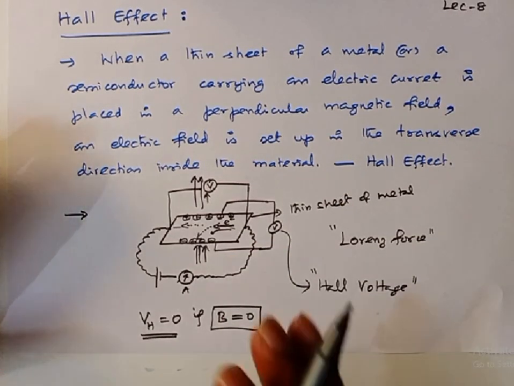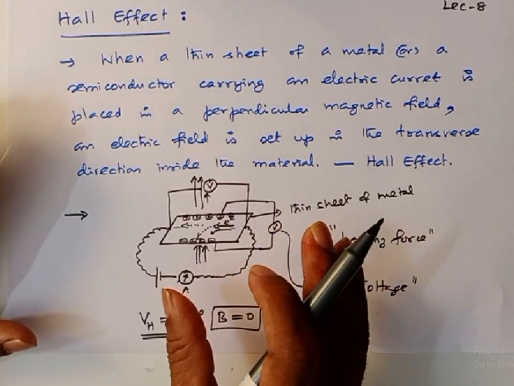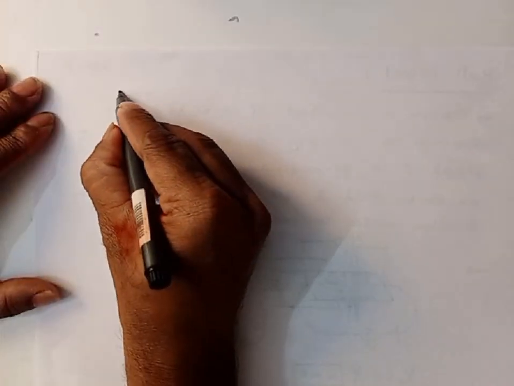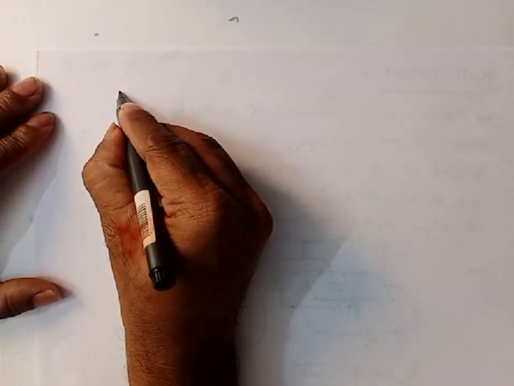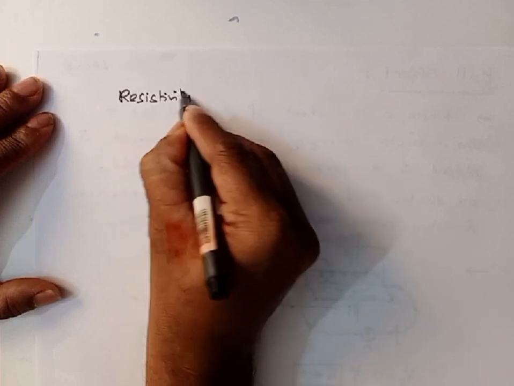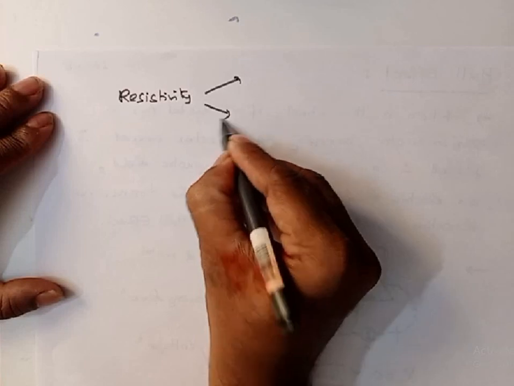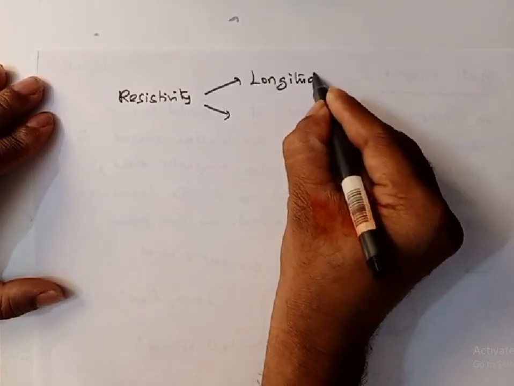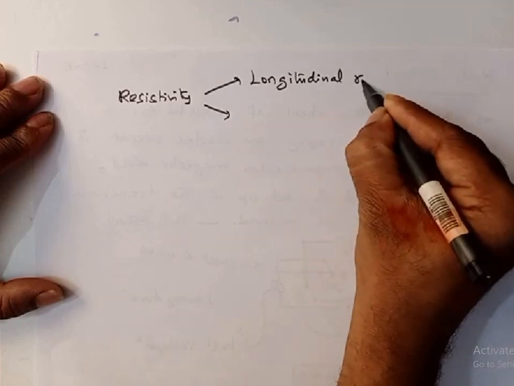So in the presence of the Hall effect, there are two resistivities that exist in the metal. One is the longitudinal resistivity.